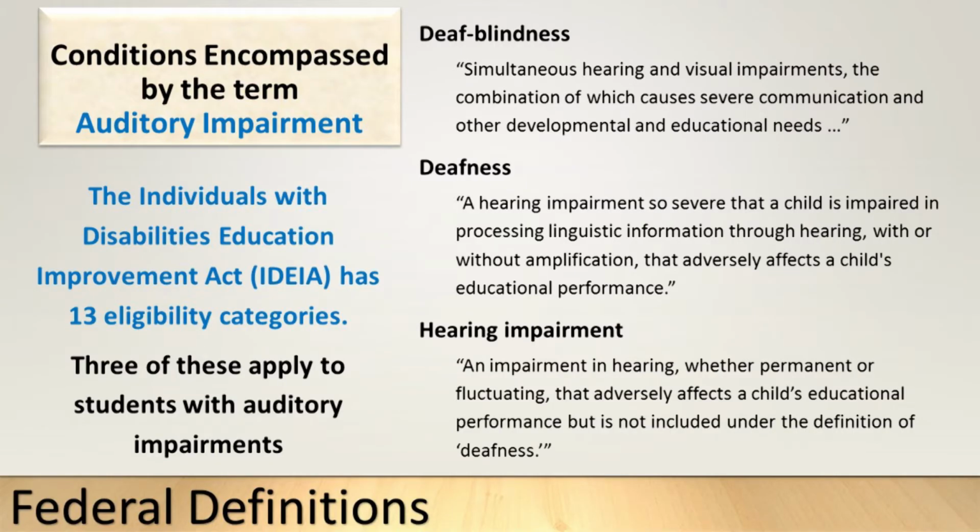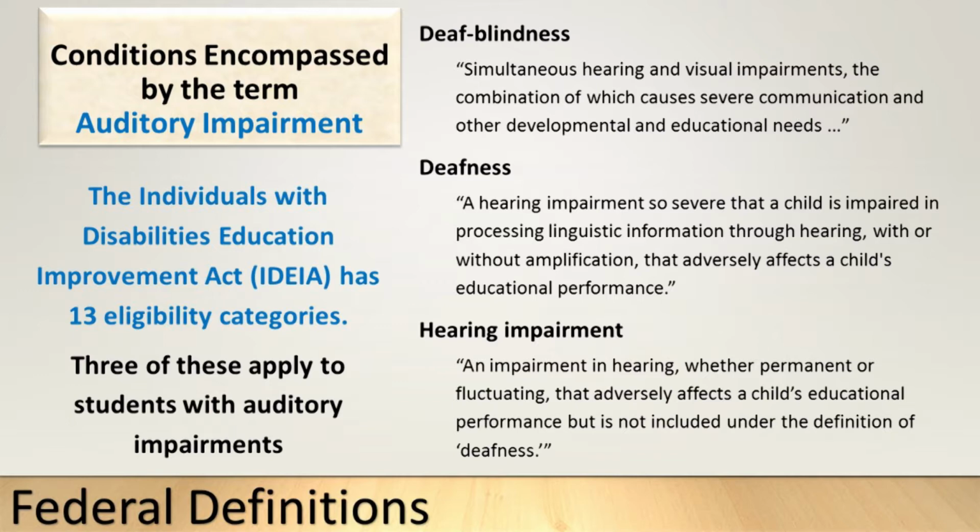According to the Individuals with Disabilities Education Improvement Act, there are 13 categories of disabilities for students who may be served through special education. 3 of those categories identify a level of hearing impairment that our students may experience. We are going to be discussing 2 of those categories in this presentation. Deafness.